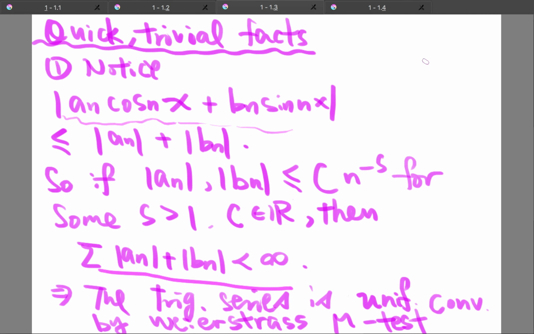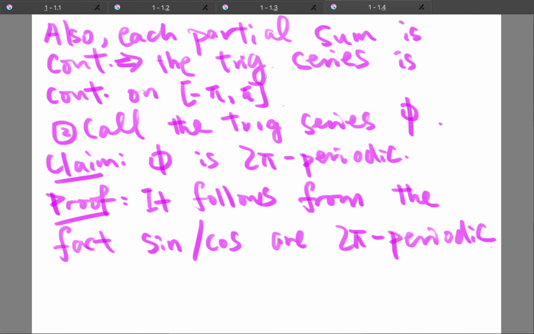And also, each partial sum is continuous because they are the sum of the sine and cosine, which are continuous. And if the trigonometric series is uniformly convergent, then the trigonometric series is also continuous on the closed interval negative pi to pi.